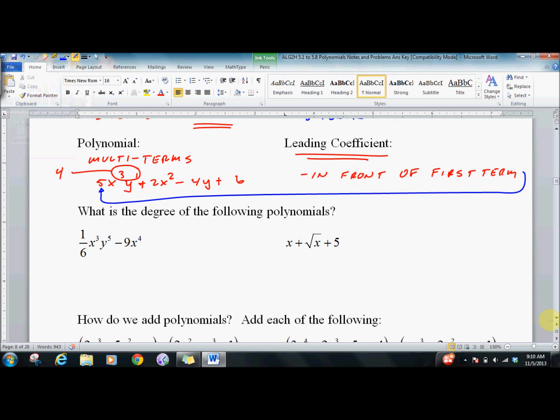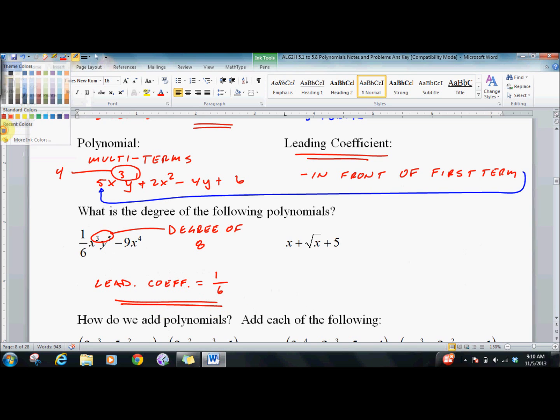So some practice, what's the degree of the following polynomials? This would be a degree of 8. And the leading coefficient is 1/6. And this one, of course, is a trick question.